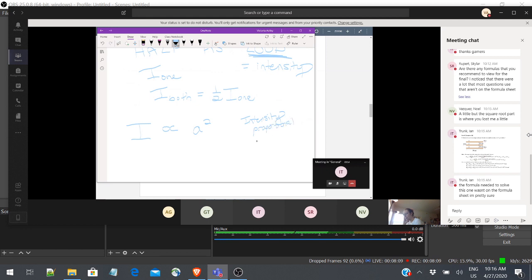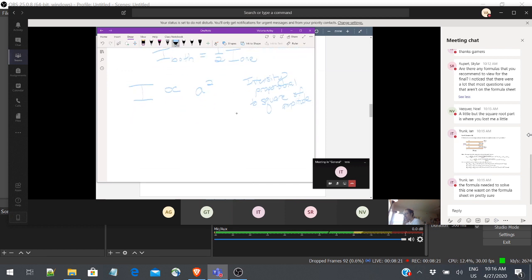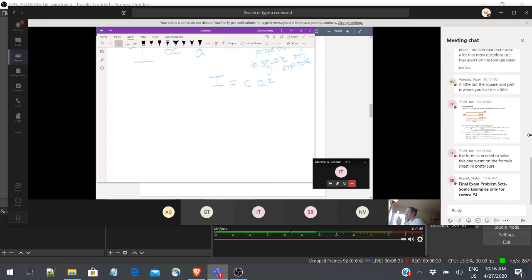This, I think, was in the power and intensity videos that were on Canvas. So you can think of this as being some constant times A squared. I don't like to use c because I think people get tempted to put the speed of light in there. So I tend to do some random other symbol.